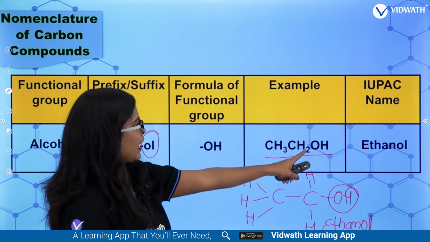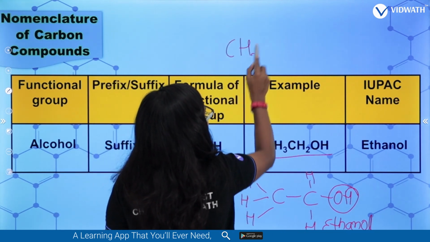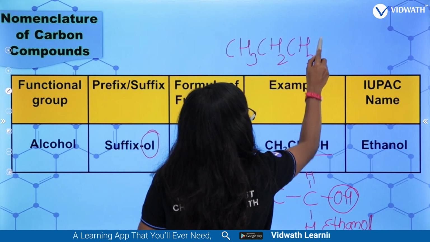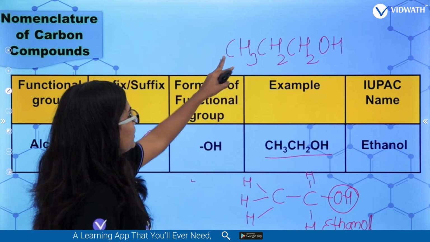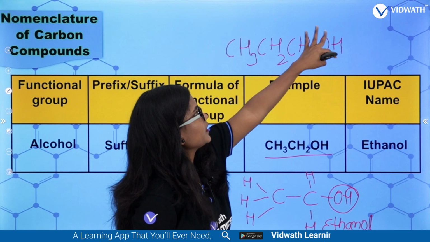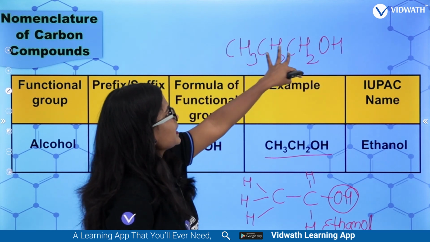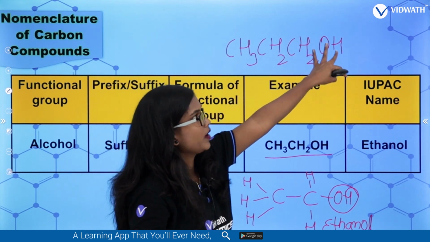Suppose we have CH3, CH2, CH2OH. How do you name it? How many carbon atoms? We have a functional group OH, that is alcohol. Clear? How many carbon atoms are there? 3. So obviously propane, but we have an OH here.